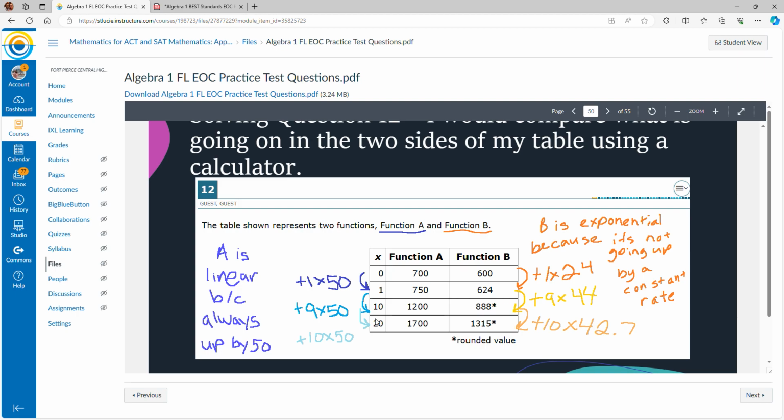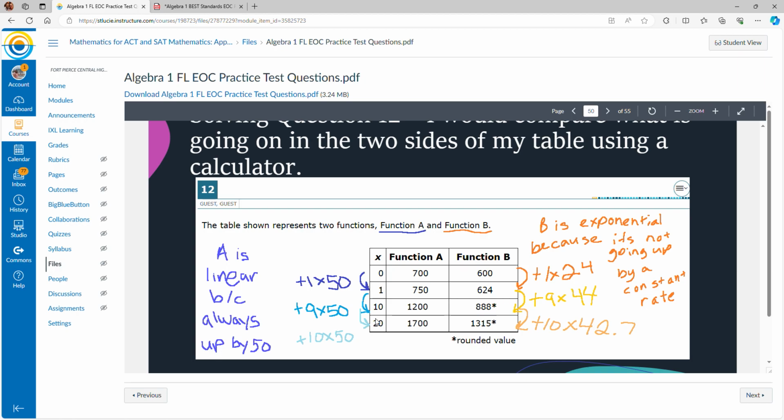From 1 to 10, we go up from 750 to 1200, which was 450, since x went up by 9 times 50 is 450. And from 10 to 20, we went up 10 times 50, it's 500. So A is linear because it's always going up by 50.